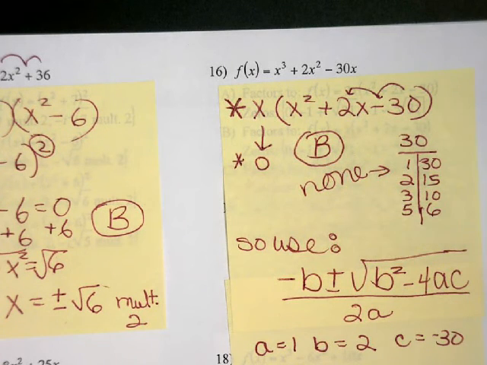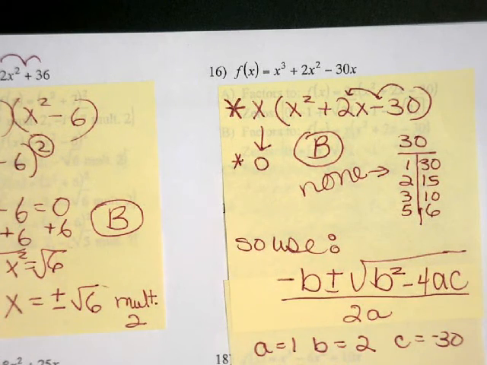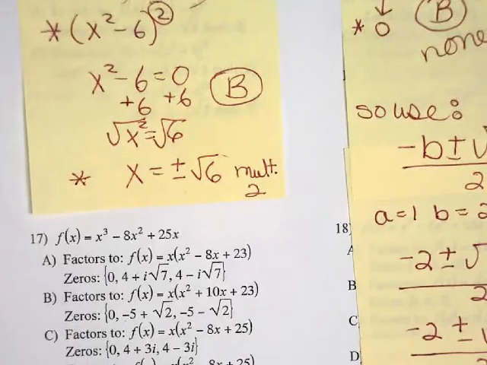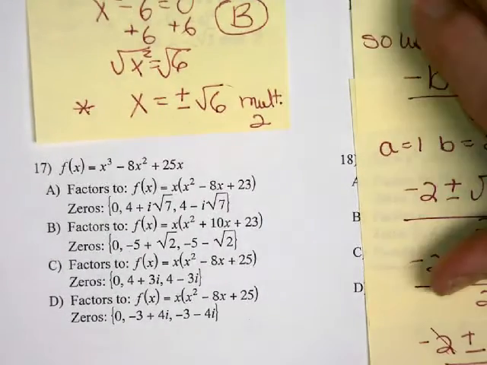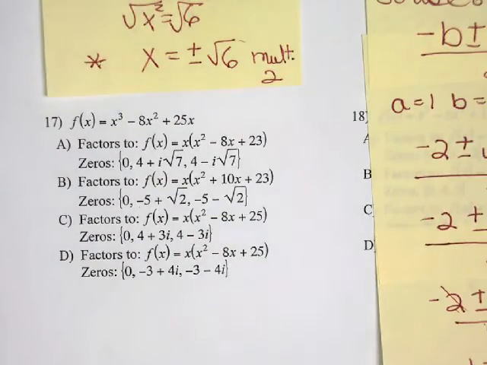So it ends up that B has the right answers. D had the right factors, but they didn't have the right answers. So, 16 is B. That's the way the rest of them are. So know your quadratic formula and crank them out.